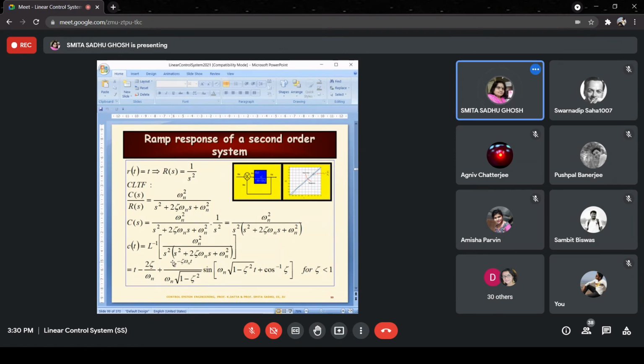This is your amplitude of the sinusoid, right? So how much will be your value as t tends to 0? What will happen to the envelope? How much will that value become? As t tends to 0, I am asking about only this portion.